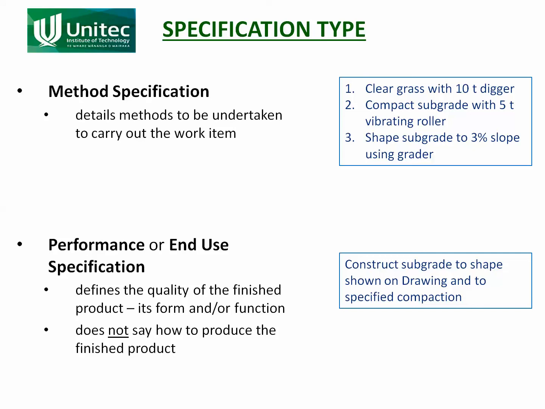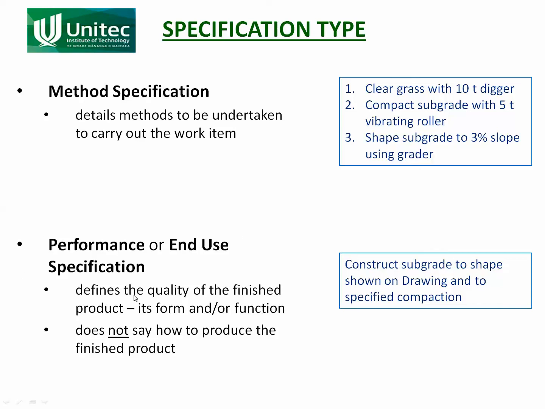So then the contractor has to do it in the appropriate manner. But generally this is not the best way of doing things, because it is the designer, who's a specialist in design, telling the contractor, who's a specialist in construction, how to do the construction. The person that is best placed to figure out the most efficient way of constructing something is the contractor.